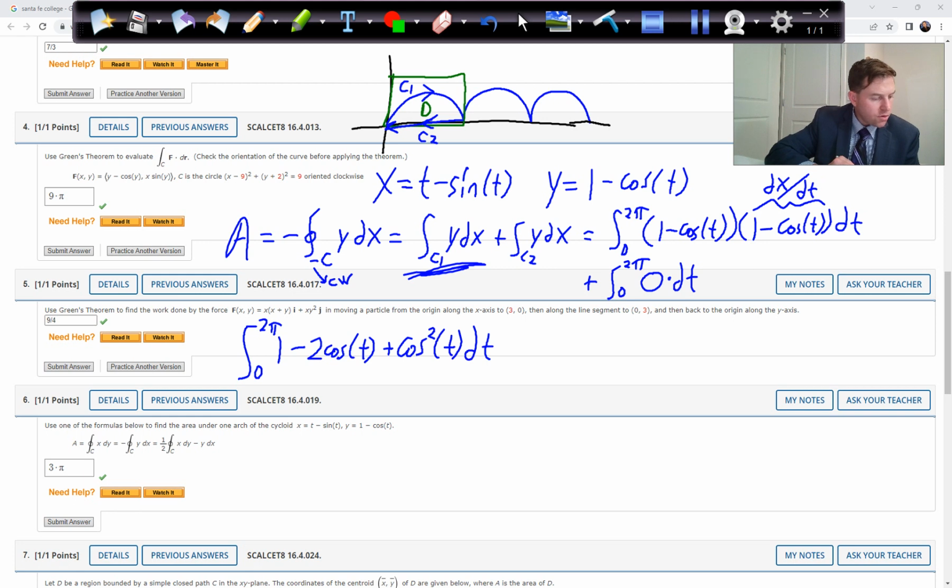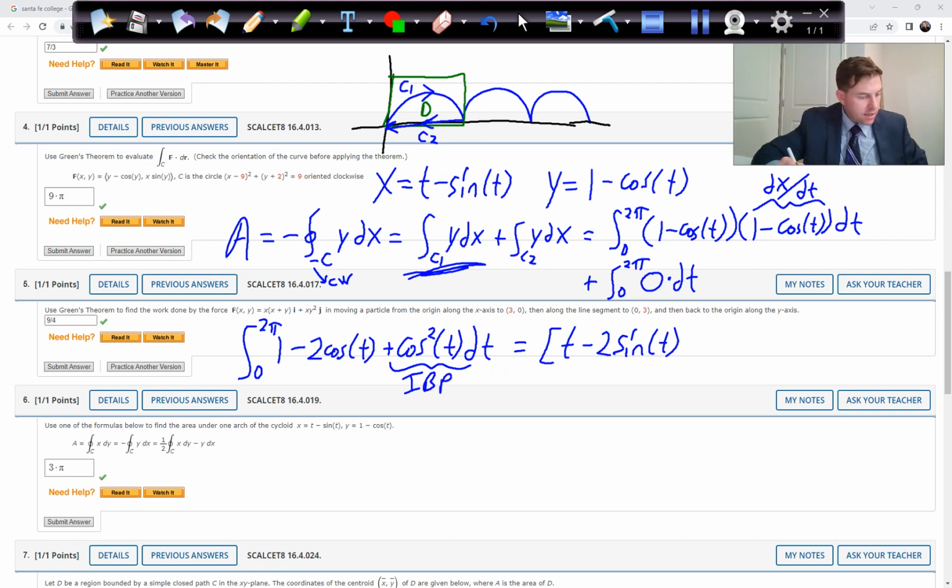If you go through and take the antiderivative of this, you'll get t for the first term, and minus 2 sine t for the second term. For this term, you have to do integration by parts, and you will get this.